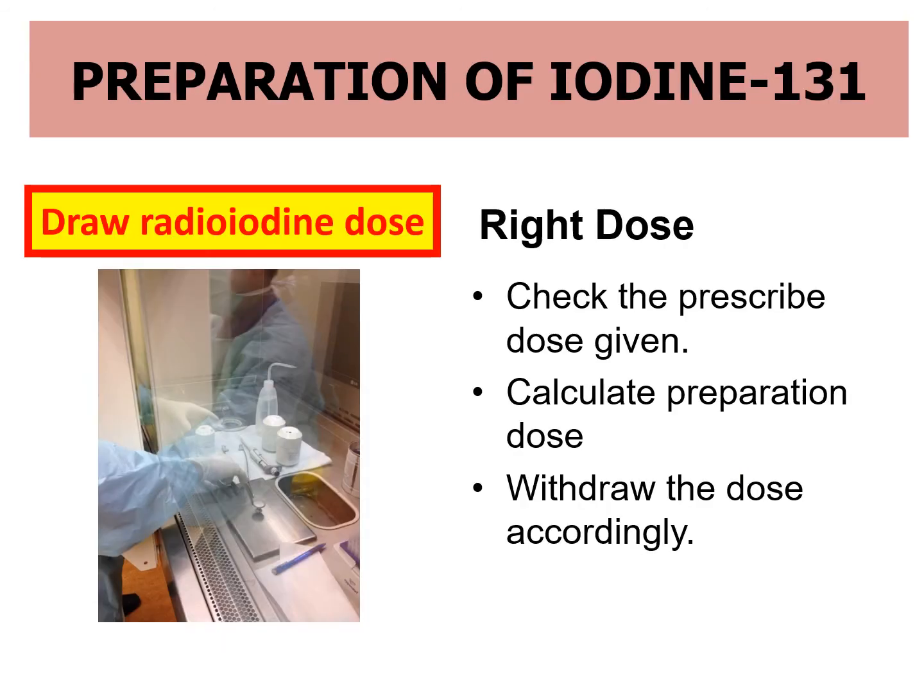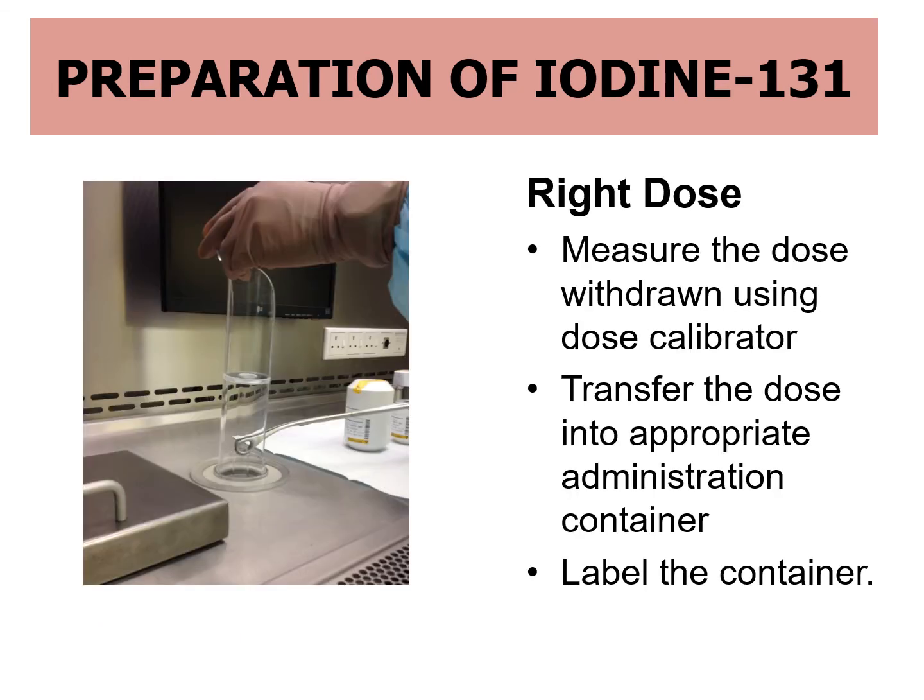In terms of preparation of the iodine 131, we need to draw the radioiodine in the right dose, check the prescribed dose given, calculate the preparation dose, and withdraw the dose accordingly. Then measure the dose withdrawn using the dose calibrator, transfer the dose into the appropriate administration container, and clearly label the container.